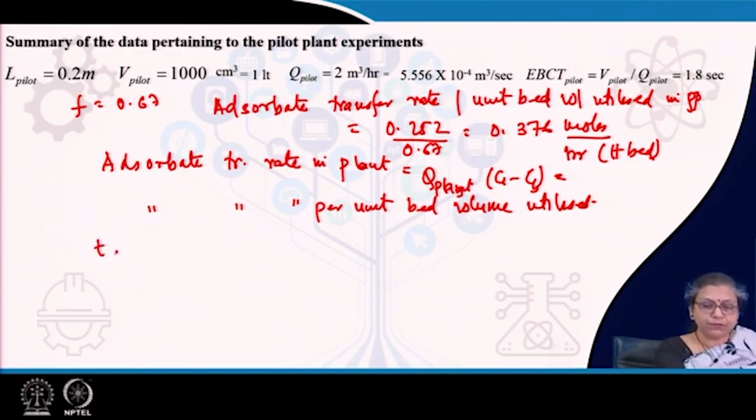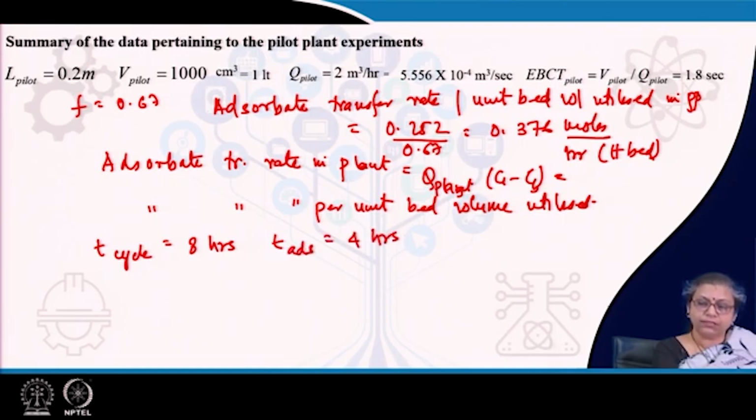Now, suppose we assume a T cycle. Normally, for such operations it is 8 hours, from where we can find out that the adsorption part usually can be assumed to be 4 hours, right. So, during this particular 4 hours, we know how much adsorbate transfer has happened per hour.